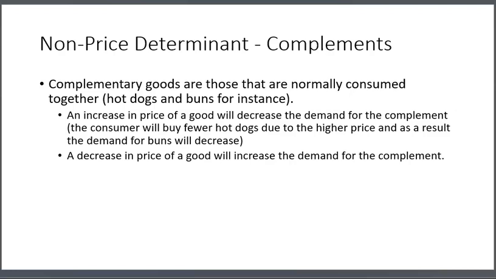And if we're not selling as much peanut butter, we're probably not going to be selling as much jelly to go along with it. Other examples of complementary goods are hamburgers and hamburger buns, hot dogs, hot dog buns, hot dogs and mustard, that sort of thing.